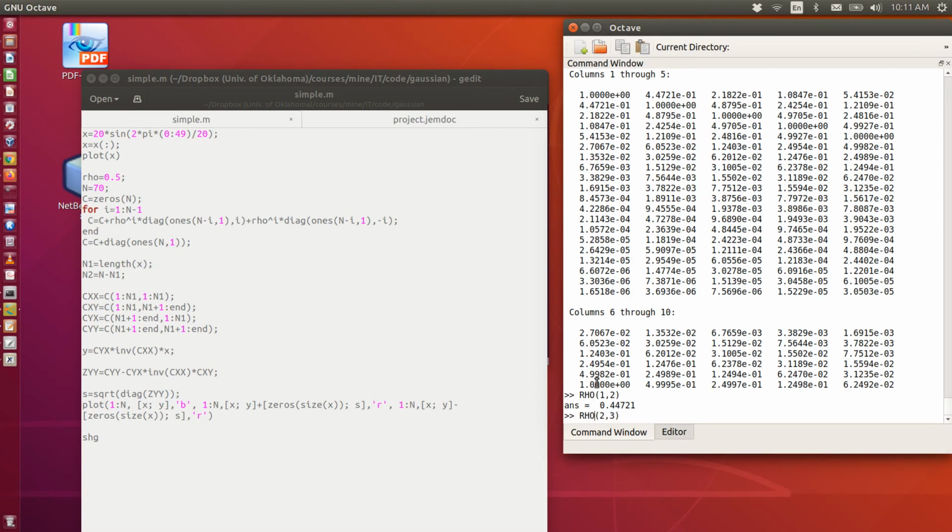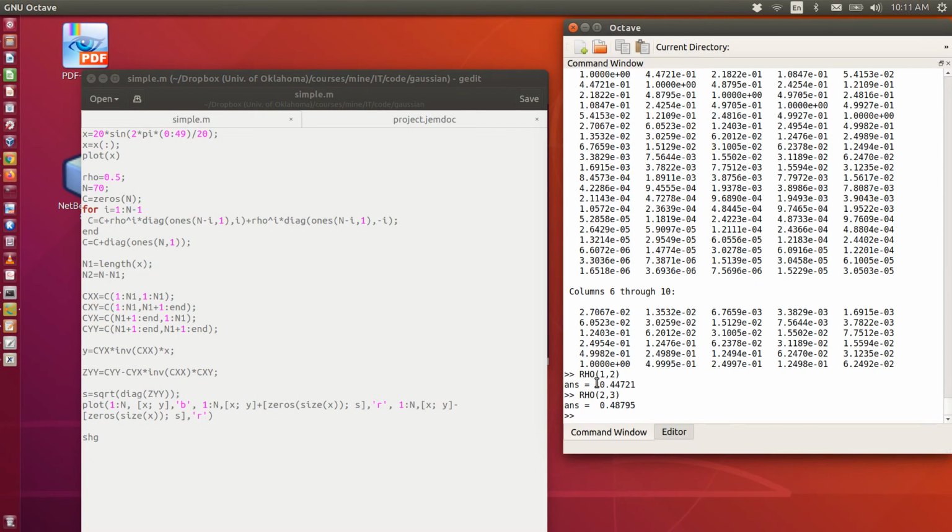Row 2, 3 will be the correlation coefficient, this guy here, between the 52nd and 53rd. So if the conditional independence is satisfied, we expect that this multiplied by this guy should be equal to this guy. So we just check that.